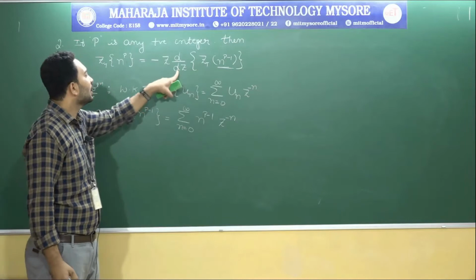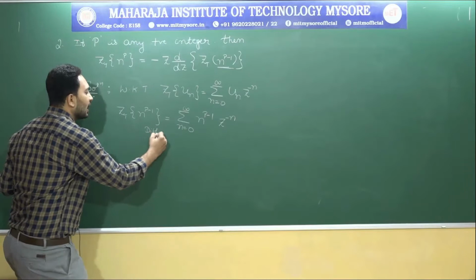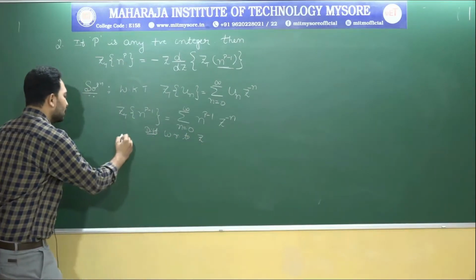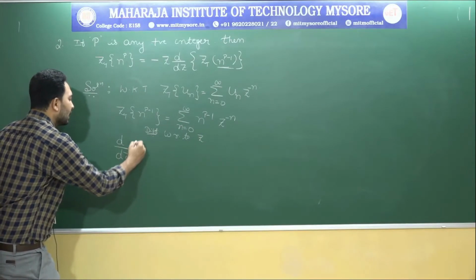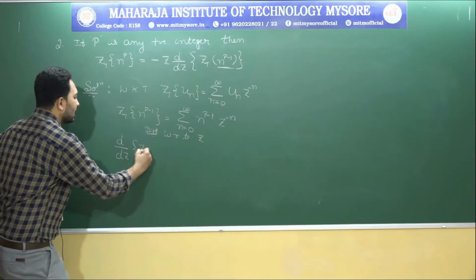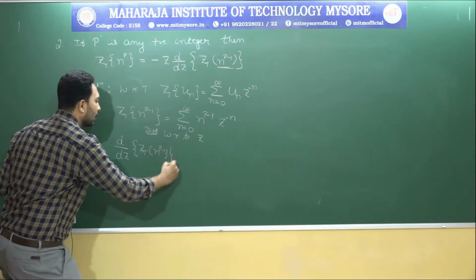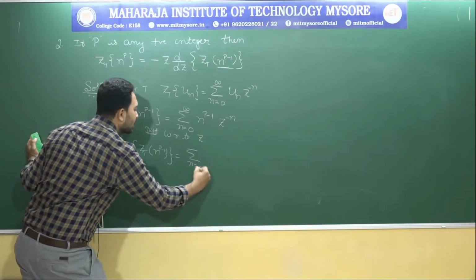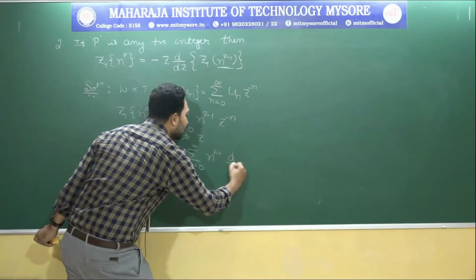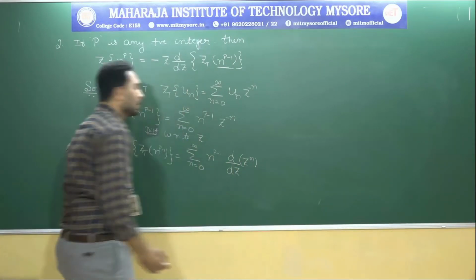Next we need to differentiate this with respect to z. So differentiate with respect to z. This becomes d by dz of the z transformation of n power p minus 1, summation n equals 0 to infinity. Here n power p minus 1 is constant, we need to differentiate z power minus n with respect to z.